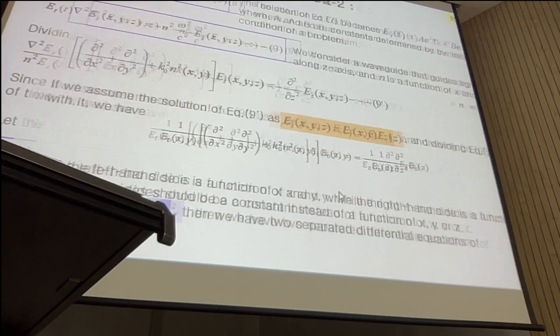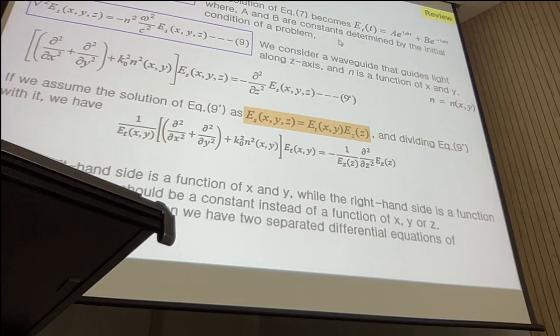So we assume that the temporal function becomes A times exponential of I omega t plus another constant times exponential of minus I omega t.